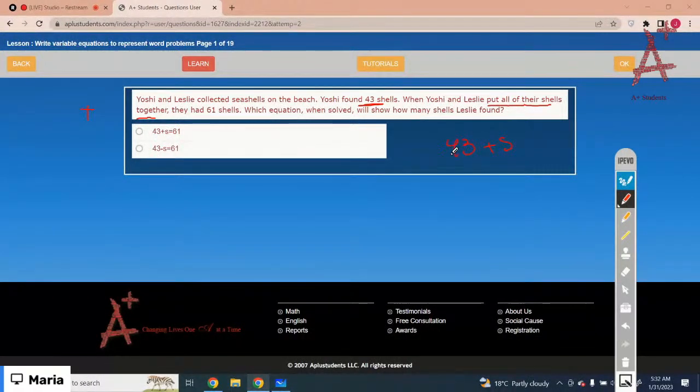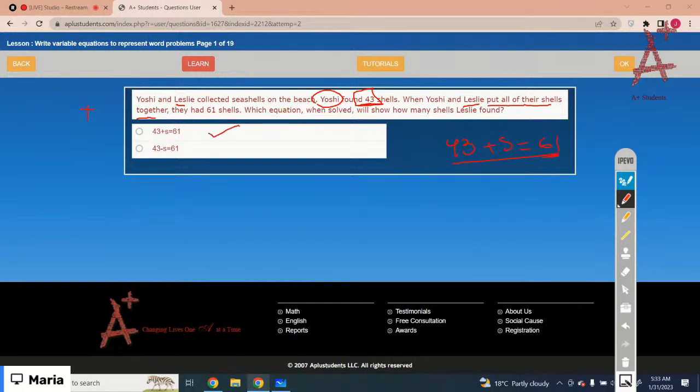Look at the board: S is the shells that Leslie collected. You just know the shells that Yoshi collected, 43 shells. You don't know how many shells Leslie collected, but you know when they added together, the answer is 61. That means the equation is 43 plus S equals 61.